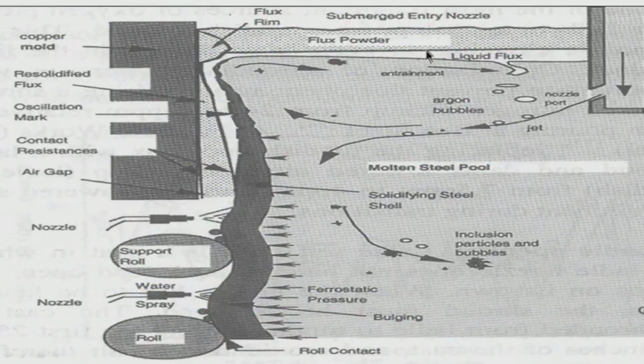This meniscus level, there is a possibility of fluctuation going up and down along with the normal movement of the mold, and a possibility of additional turbulence which causes some amount of vertical movement of this surface, which is not desirable, because there is a possibility of entrainment of mold slag.